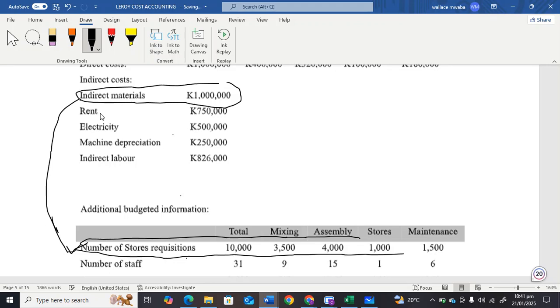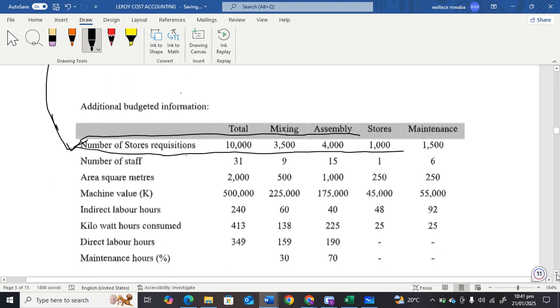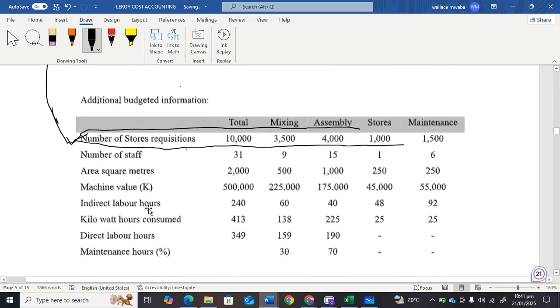For example, with indirect labor, you use indirect labor hours.